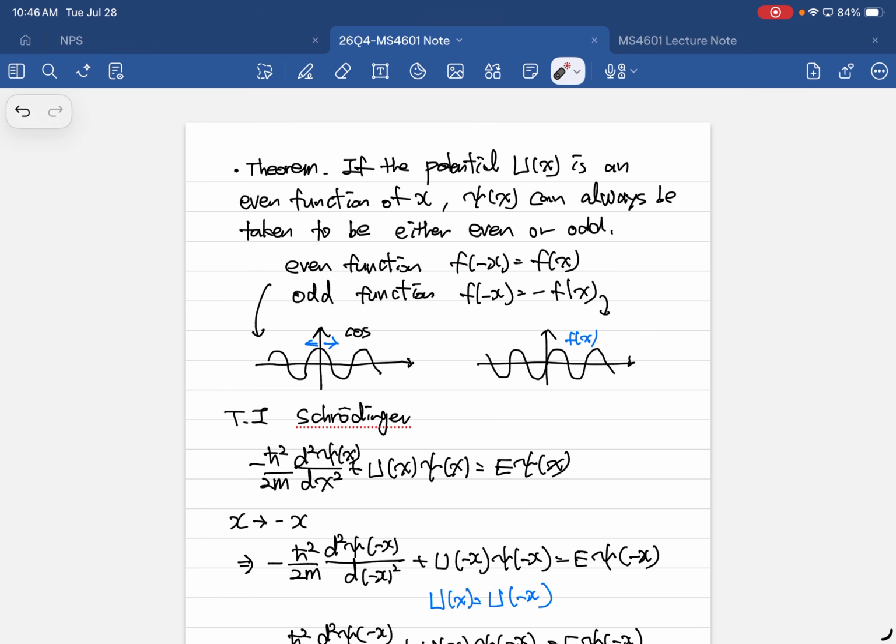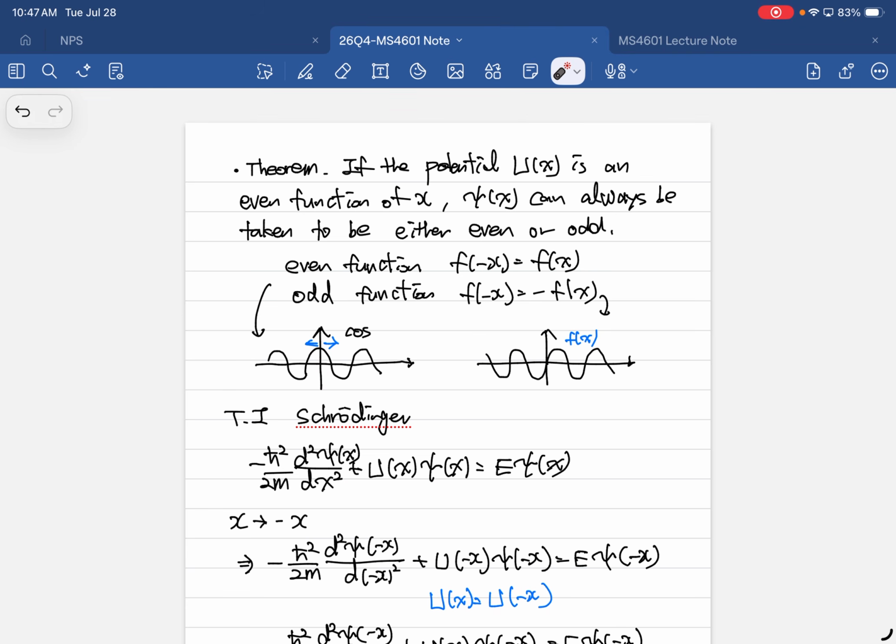For those who forgot what even and odd functions are, these are the definitions. An even function satisfies f of minus x equals f of x, a mirror image around the vertical line at x equals 0. A cosine function is an example, mirrored around the center plane.